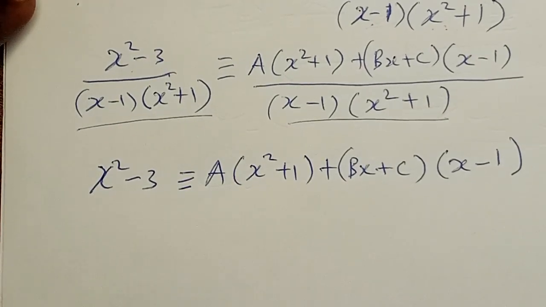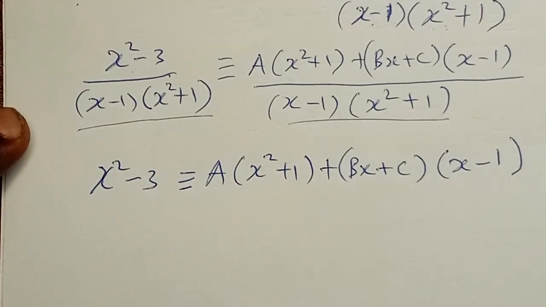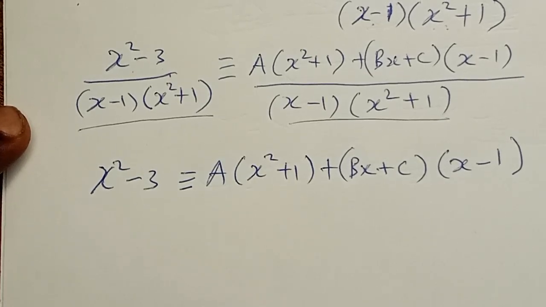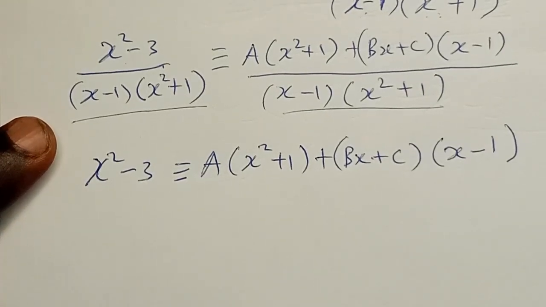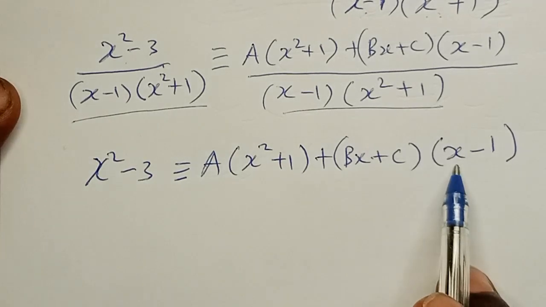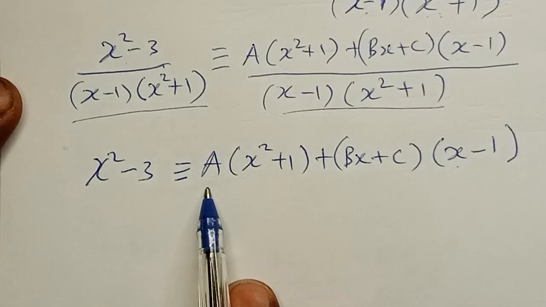And to find these values, we must equate one of the expressions to leave either B and C to be 0 to look for the value of A in this case, or to make sure that B or A is 0 and we look for the value of C. So here, looking at this expression, you're going to see that at this area, we have to let x be a certain given value so that we can see how we can close up B and C to get the value of A.